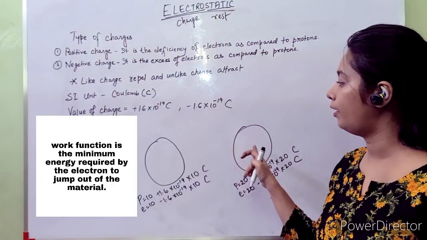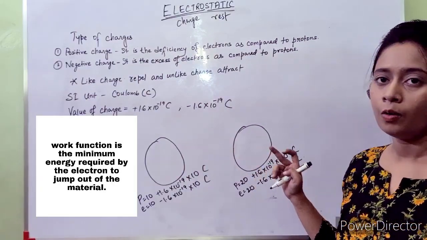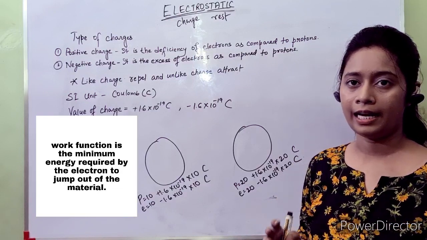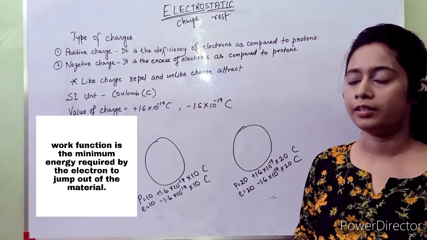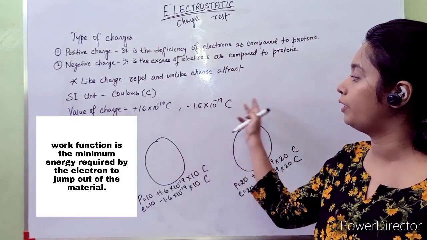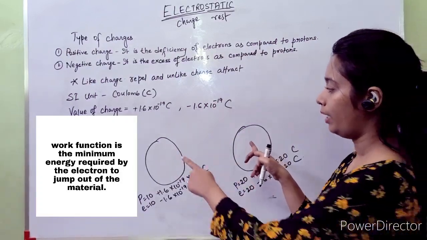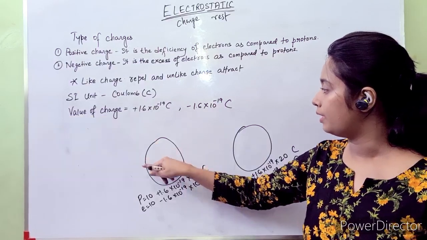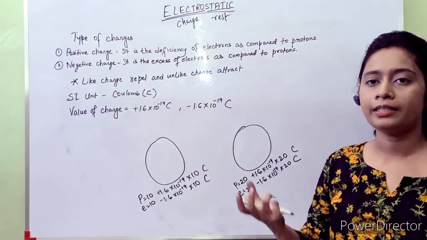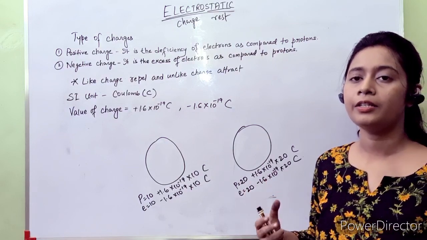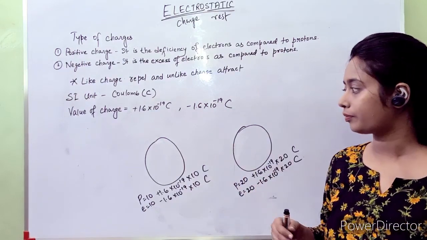Depending on the work function of these two, work function means the minimum energy the electron requires to come out of the atom. When these atoms acquire thermal energy, it changes the thermal energy to kinetic energy.